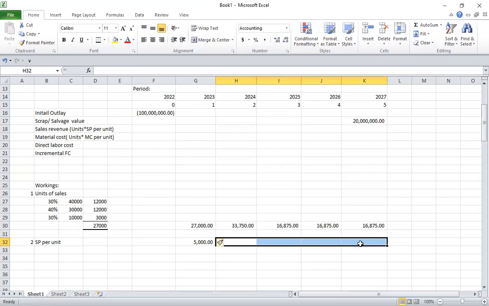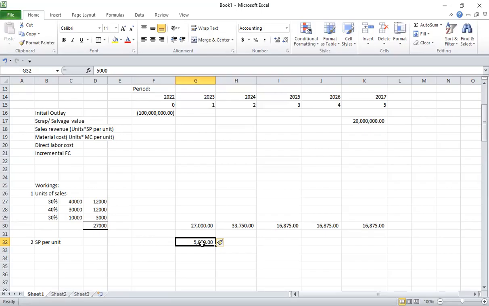It increases prices and costs. So if we are, for example, told that the selling price per unit in year one is 5,000 shillings, and then in the years which follow, we expect inflation of whatever percentage, then we shall keep increasing the price by that percentage per year, because the percentages we are told are from year two onwards.